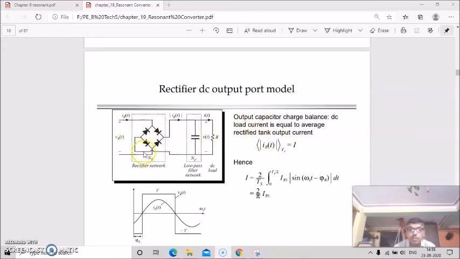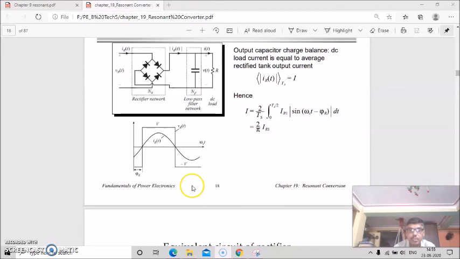So this is the rectifier network, low pass filter, and DC load. Output capacitor charge balance: the DC load current is equal to the average rectified tank output current. So this is this, and hence this will be like this. This is the voltage waveform.